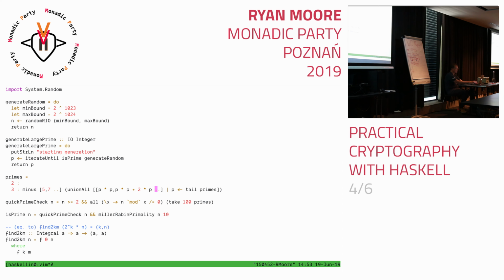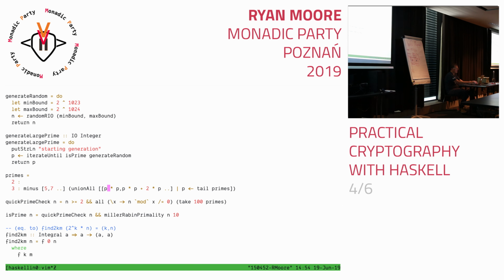And so this is going to be a list of numbers that are multiples of p, where p is the first element in the tail of our infinite list. And so the tail of primes when we start is going to start with 3.